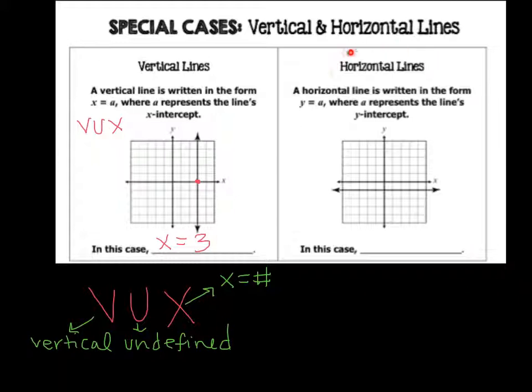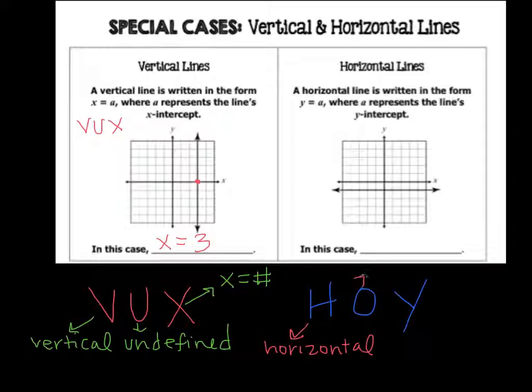Now let's talk about a horizontal line. So remember, when we saw horizontal lines, I always said, oh, that's HOI. Okay, so HOI stands for, well, the H stands for horizontal. And we all know that a horizontal line has 0 slope. So that's what the O stands for, 0.